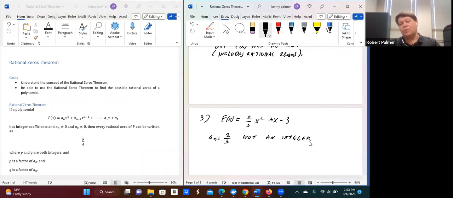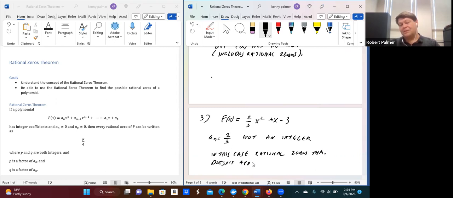Why is that important? Well, in our theorem, we said that this polynomial has integer coefficients, so the coefficients have to be integers. This one's not an integer, so in this case, this rational zero theorem doesn't apply.